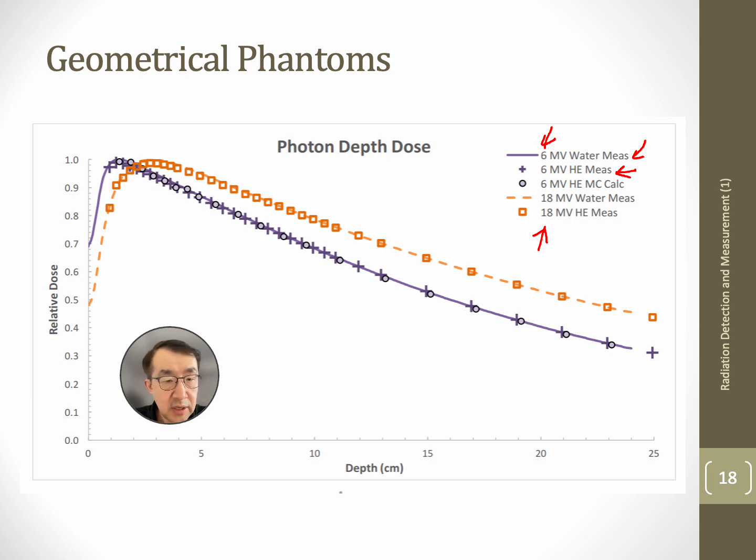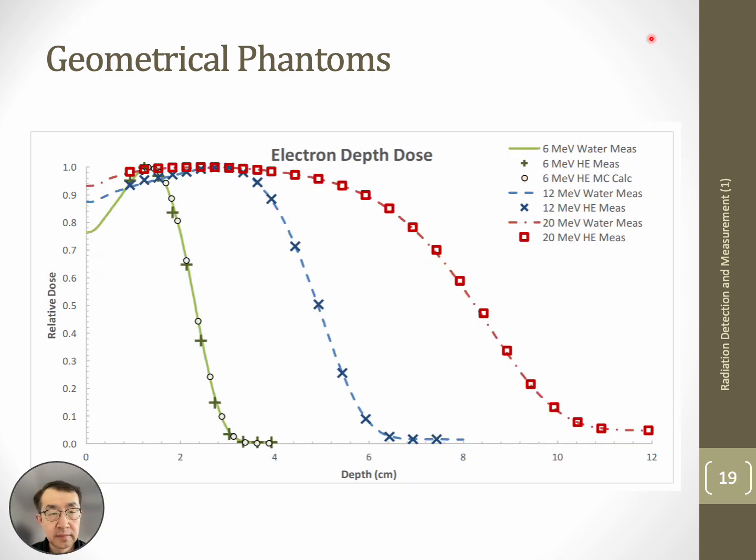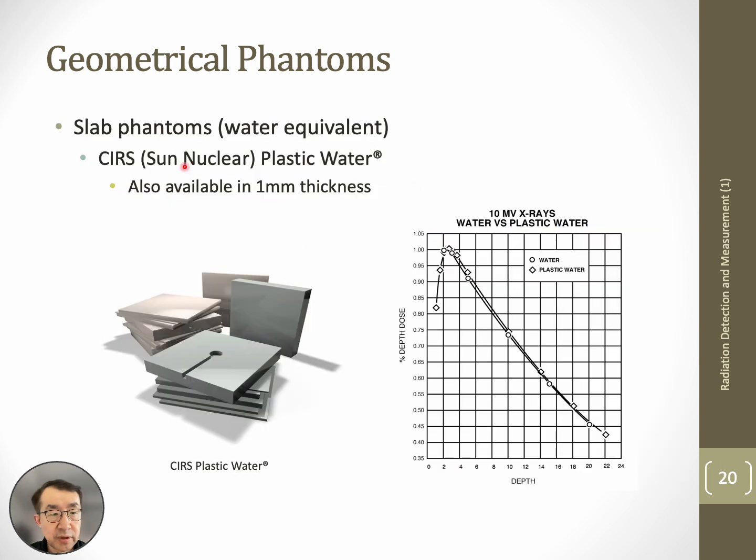As you see, we have 6 MV and 18 MV, and they're almost identical, on top of each other. Here's an example for electrons. So electron PDD at different energies, showing that the water phantom matches the solid water phantom. Solid water is not the only commercial phantom.